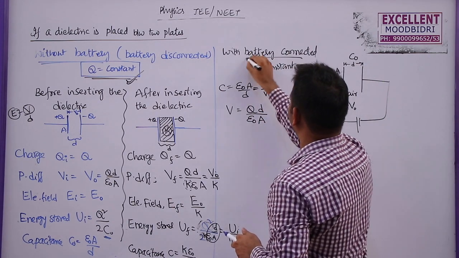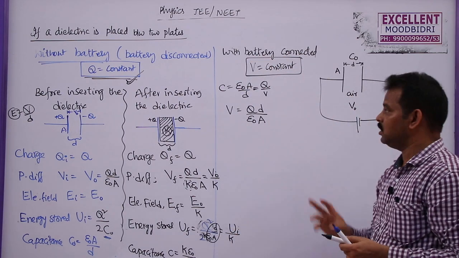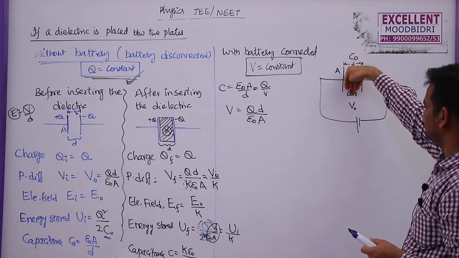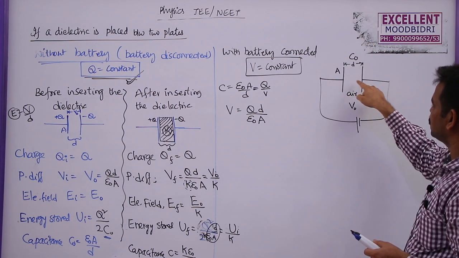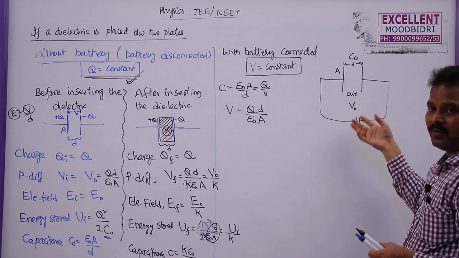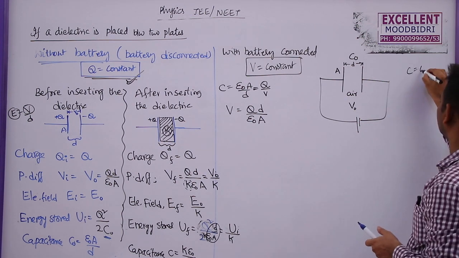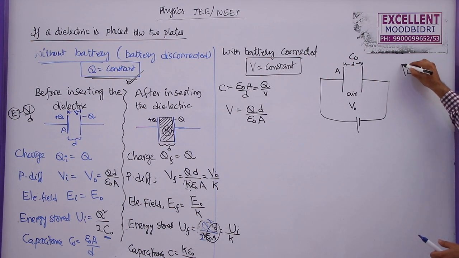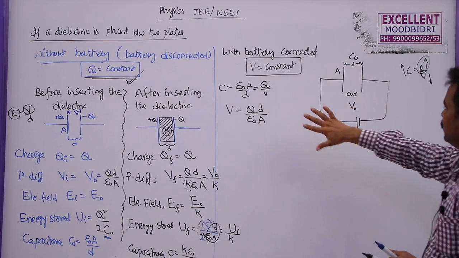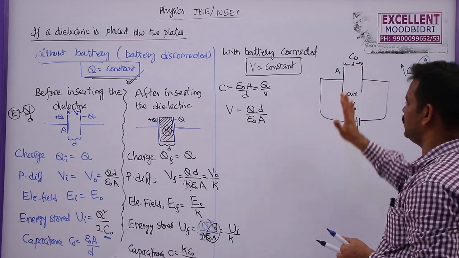Since C is equal to Q by V, when potential decreases, the capacitance increases and we can give some more charge. So by giving the charge, it will maintain the same potential.